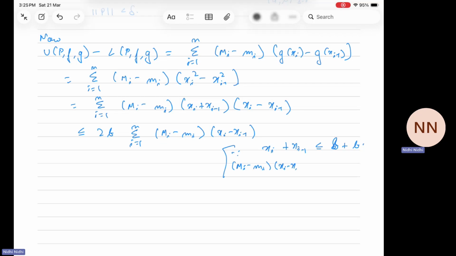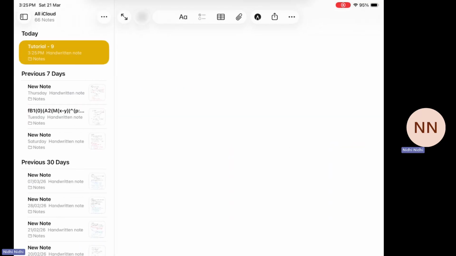Then x_i minus x_{i-1} is also positive, so this will be less than or equal to 2b.